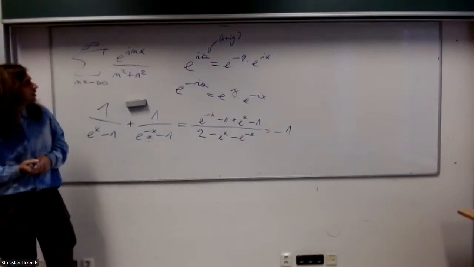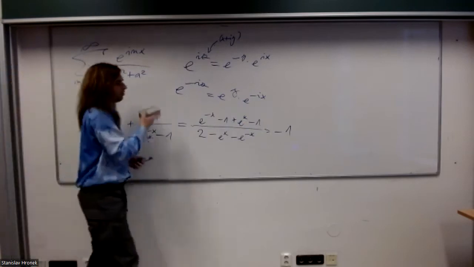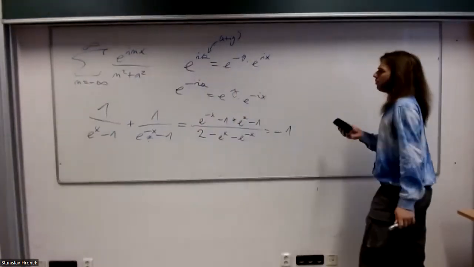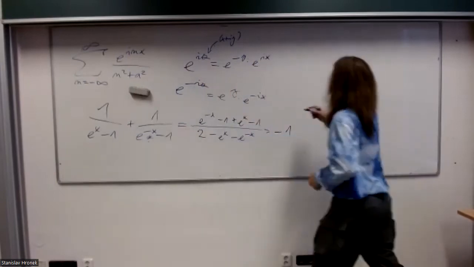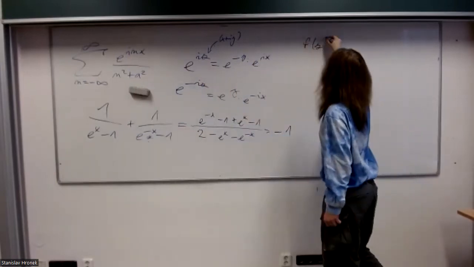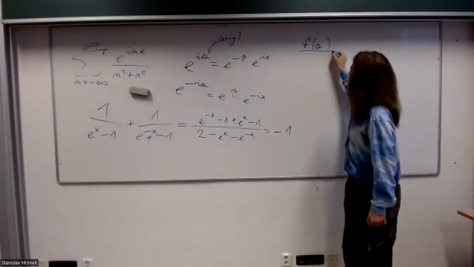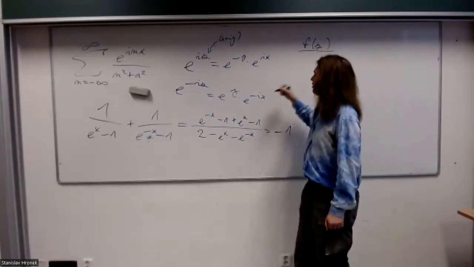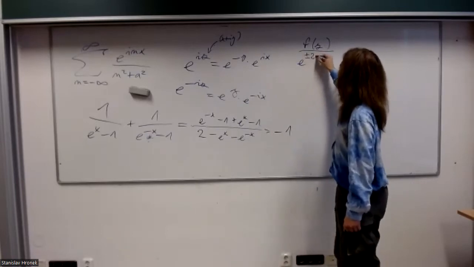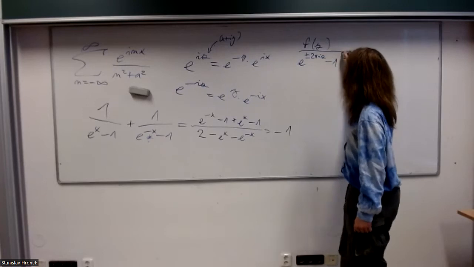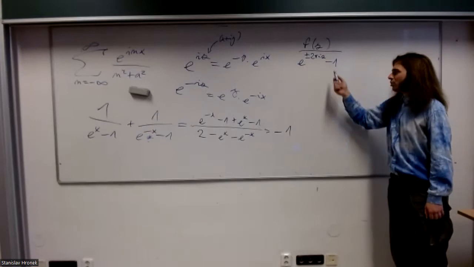And this is the basis of the summation formula that I'm going to show, because if I have this sum, I can just grab a function and consider its integral when it is divided by some factor like this, e to the plus minus 2 pi iz minus 1. So what happens if I divide it by such a thing?